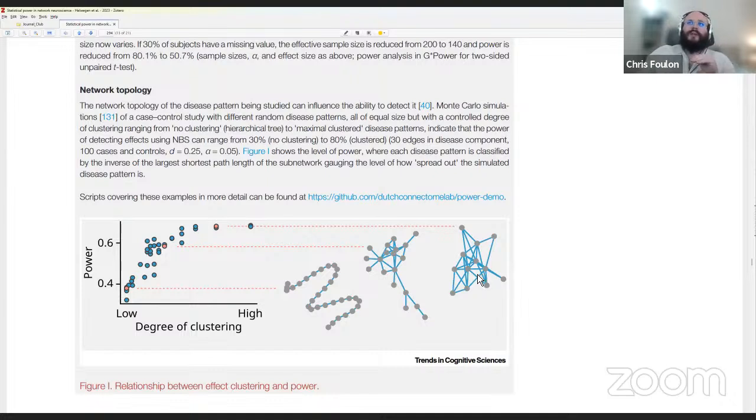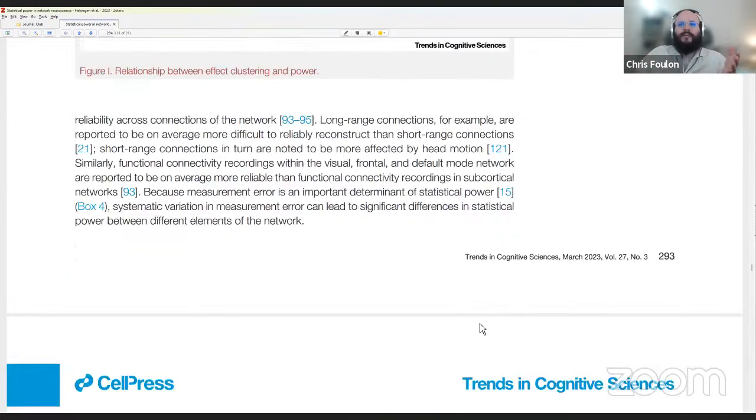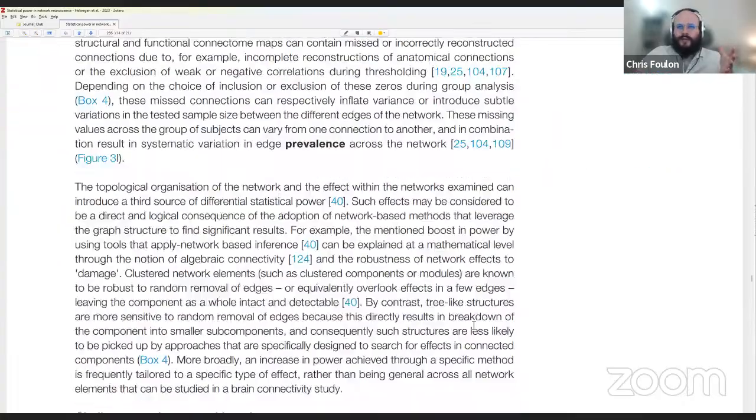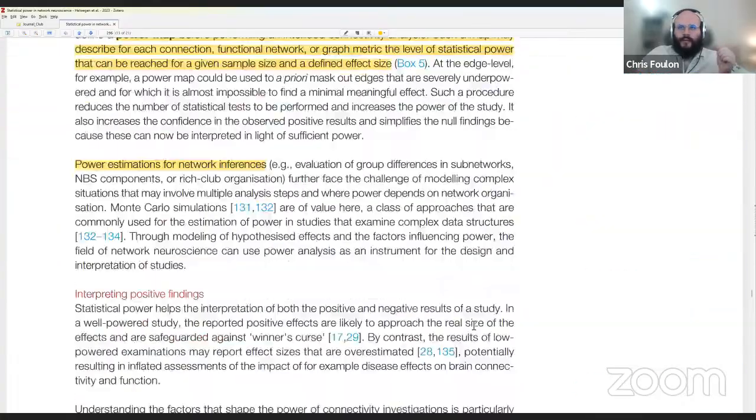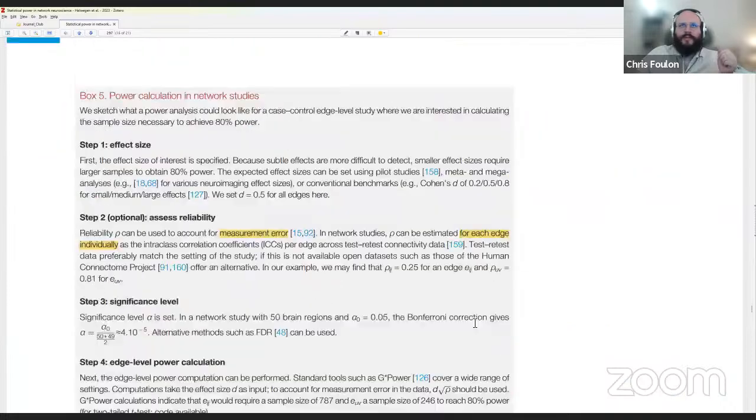So all these additional factors can modulate your statistical power. Do they have another box? Yes. So basically their advice is that we need to take those into account.